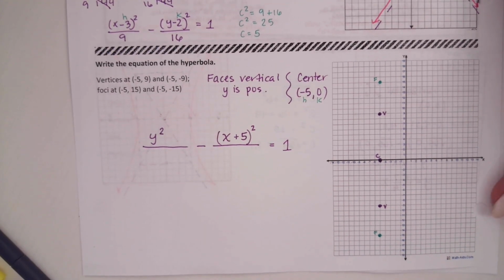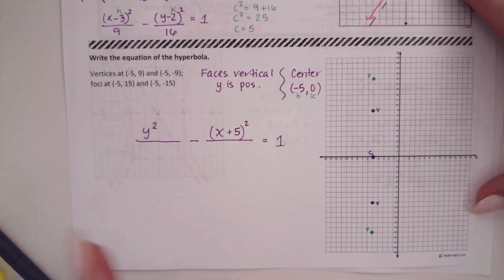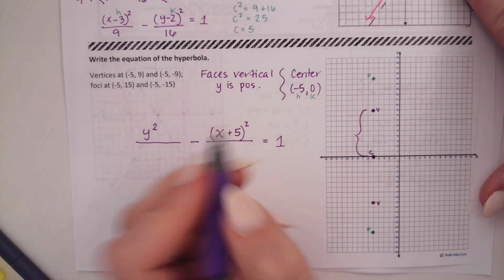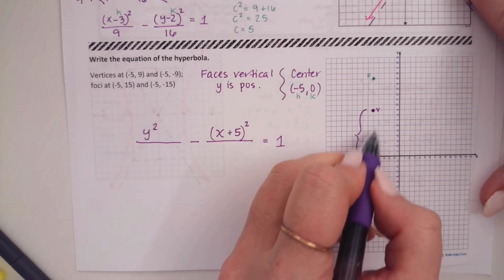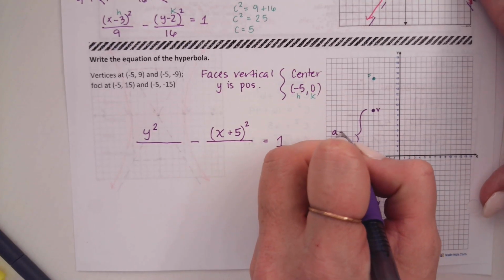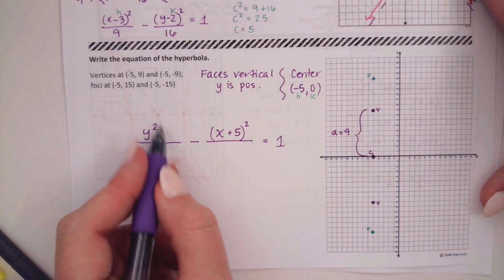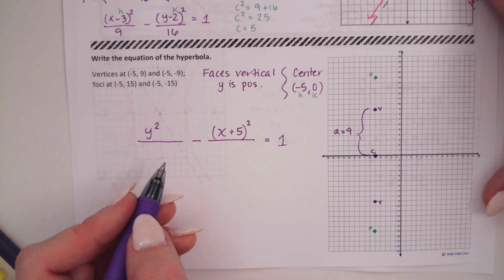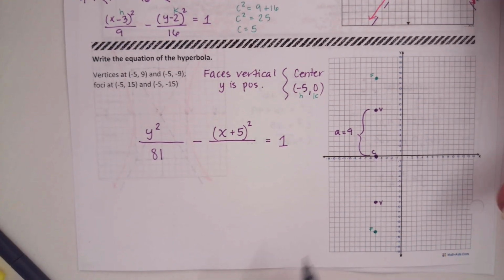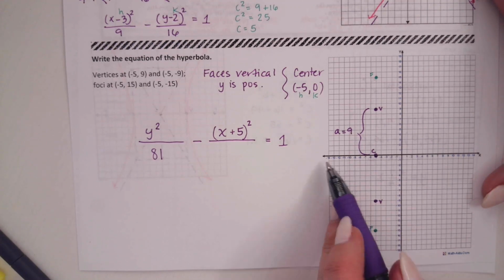Okay, now we can figure out what number was under y pretty quick because we can see how much we counted in the y direction. From the center to the vertex was how many units? 9. So I know my a is 9, which means underneath y squared should be 81. Now we can't necessarily see how much we counted in the x direction.